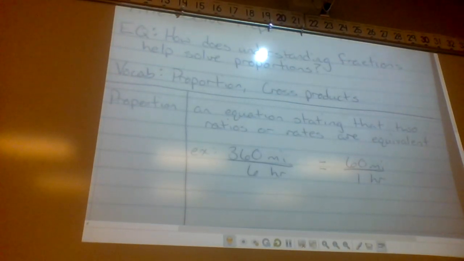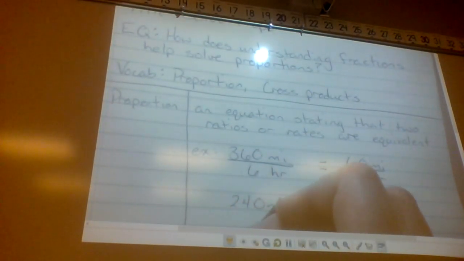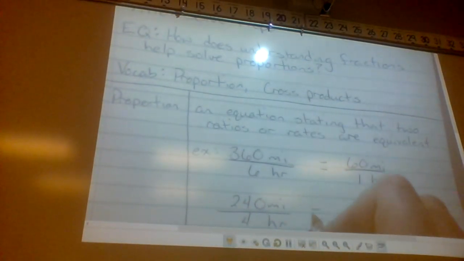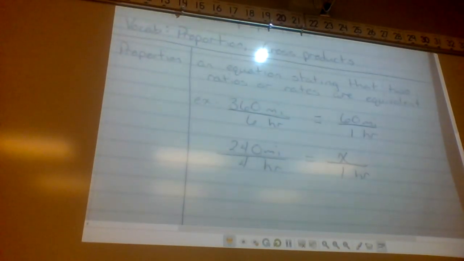That's the proportion. But what we're going to be doing is not going to be quite as nice. We are going to be solving when it says 240 miles in 4 hours equals x over 1 hour. Do we know what x means?